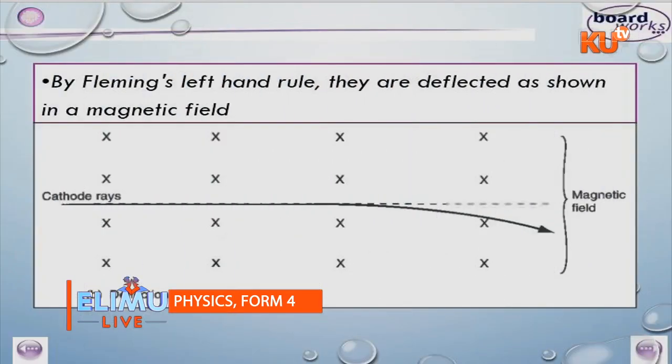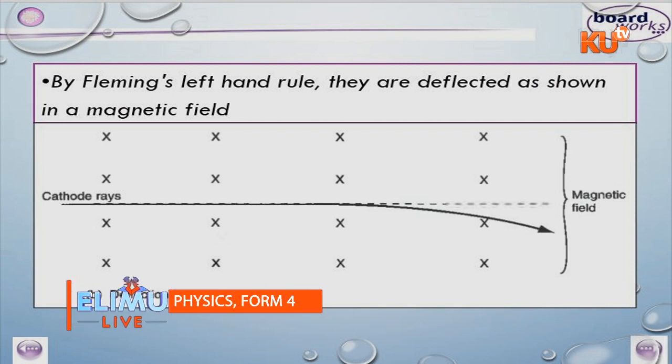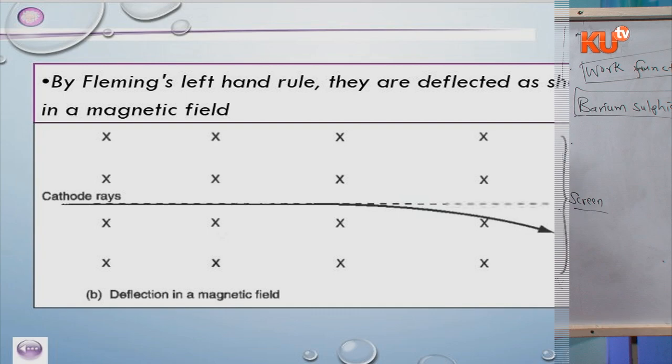So we have said particulate nature of cathode rays. 1, they are deflected in an electric field. In which direction? Towards the positive. Why? They are negatively charged. Then in a magnetic field, they are also deflected, and we can predict the direction using Fleming's left-hand rule.